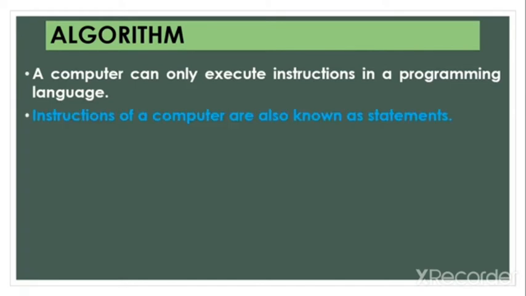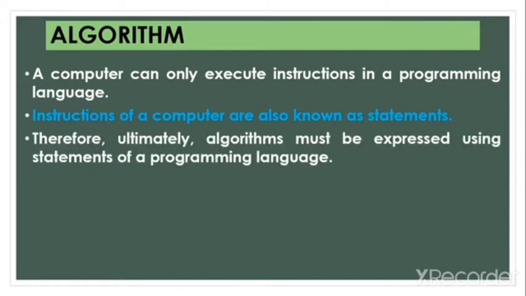Instructions of a computer are also known as statements. So each command or instruction in a programming language is called a statement here. So ultimately, an algorithm must be expressed using statements of a programming language. So before writing a program, why do we write a program? Program means what? It is a set of instructions, a set of commands.